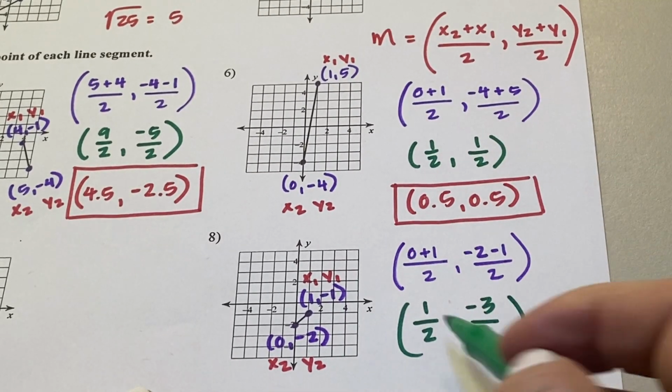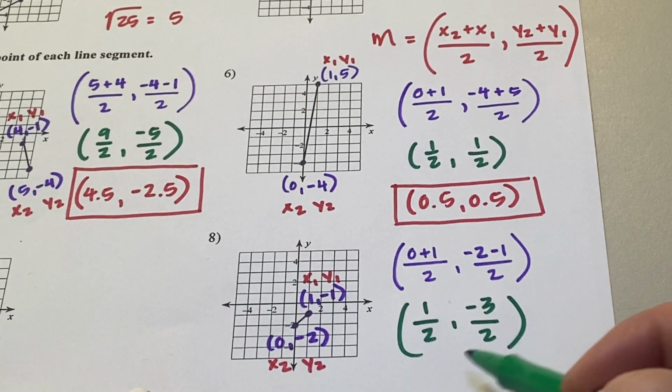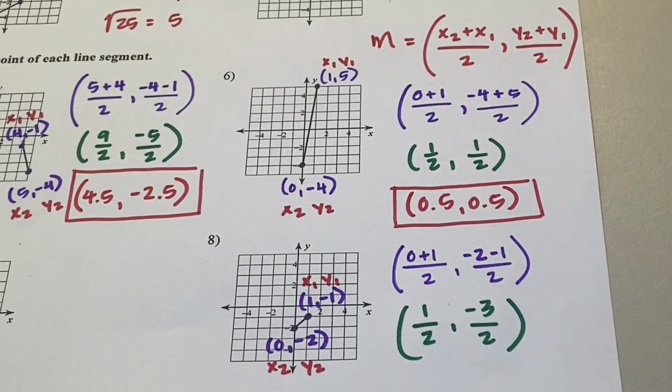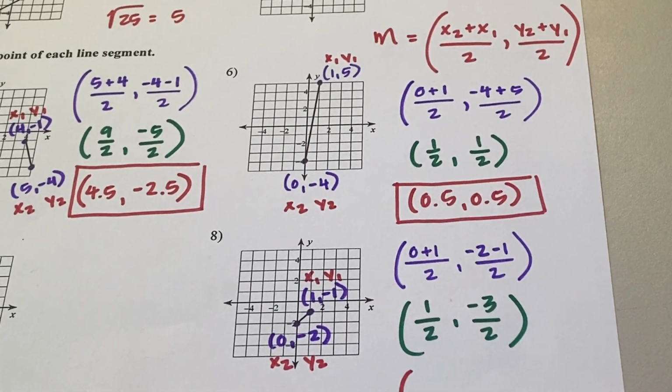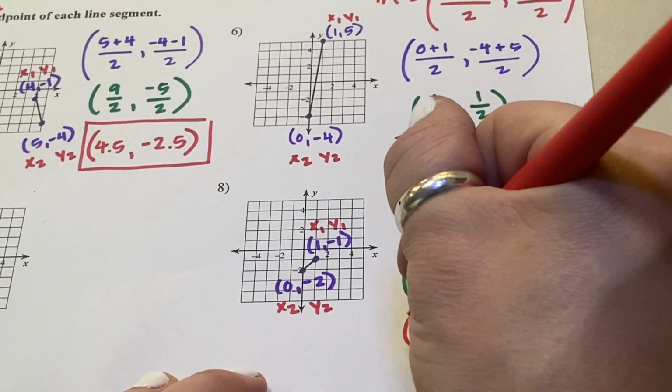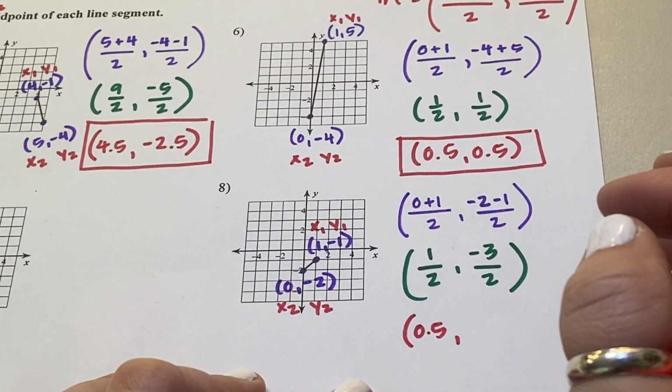Now, are these guys reduced fractions? Yeah, they are. We can't divide anything to make them any smaller, so that's a perfectly acceptable answer. Or you could write them as decimals. 1/2 as a decimal is what? 0.5. Negative 3 divided by 2 is a decimal?